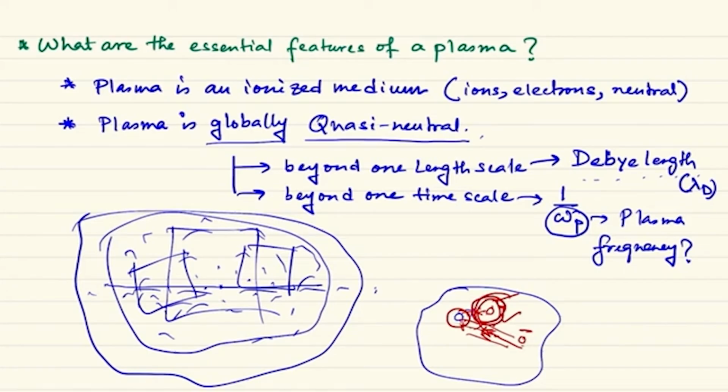So attractive force towards this particle, repulsive force towards this particle. That's why after coming to this particle it may deviate, like this.